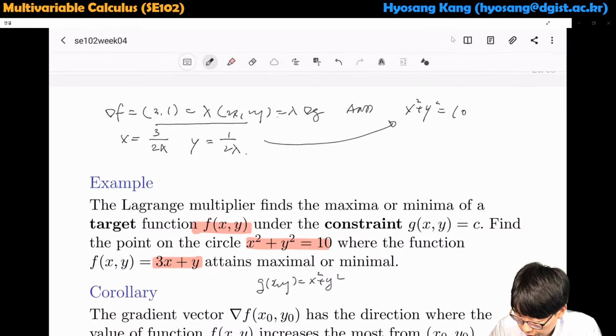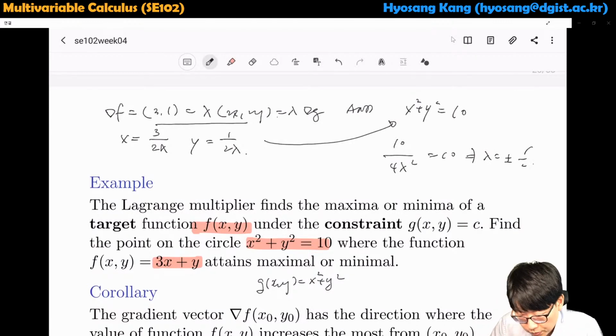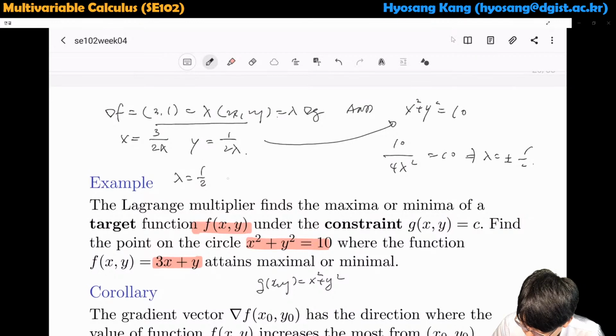Then plug into these equations, and we have 10 over 4 lambda squared equals 10, therefore lambda could be plus or minus 1 over 2. If lambda is plus 1 over 2, then (x, y) is (3, 1).